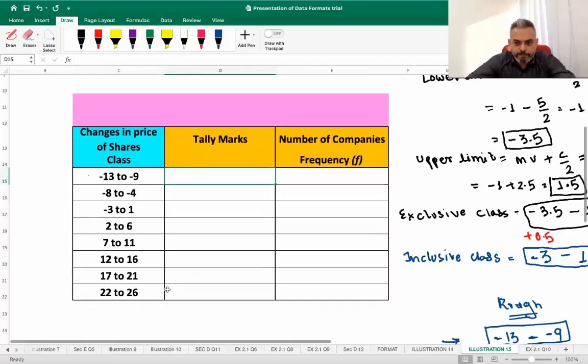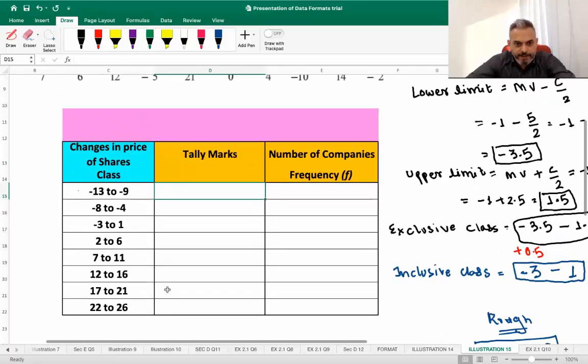Okay, seems good. Let's start with the tally marks.